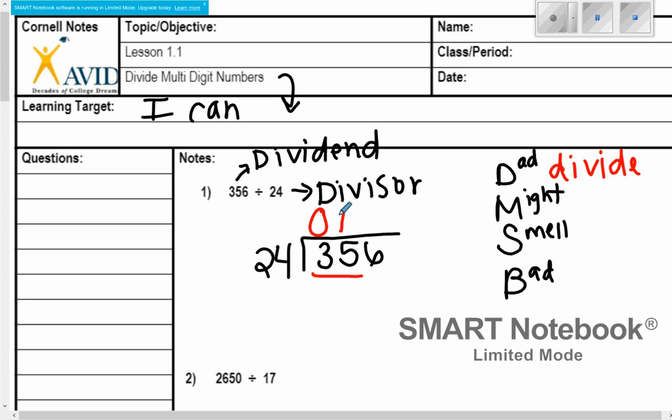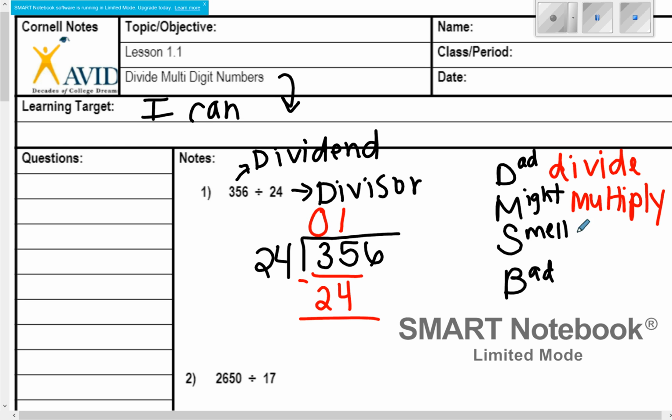Okay. And when we put 24 into 35 that one time, we're only putting 24 in. That's what this M stands for, is multiply. So you're going to multiply this 1, however many times we can put it in, times 24 to see how many we put in. Well, if it's 1 times 24, we only put in 24. Okay.